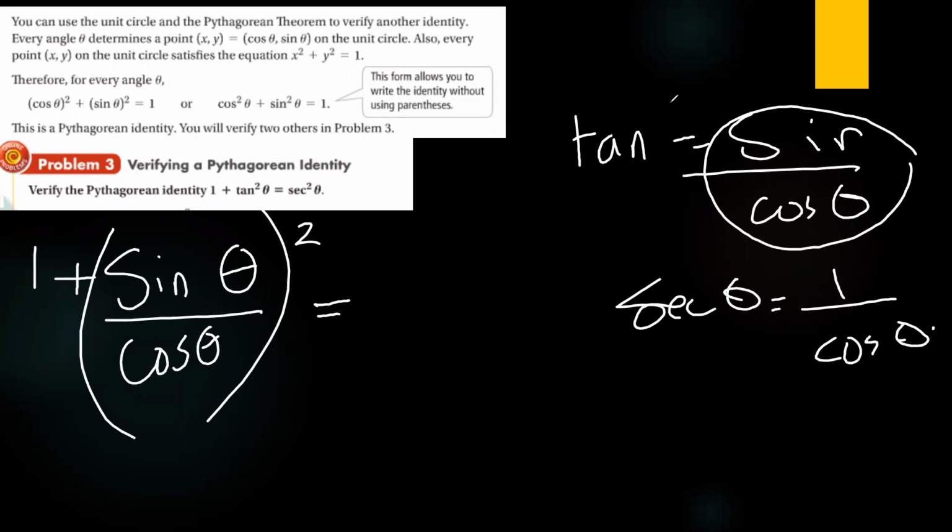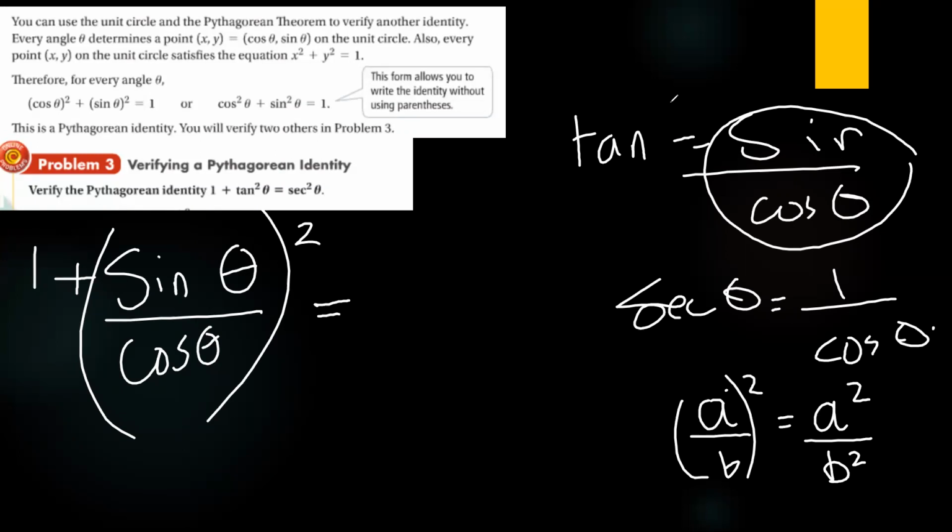Then we know that if you have a over b squared, this power will distribute on the numerator and denominator, so it is a squared over b squared. Here we have the same. You have to distribute it in both numerator and denominator.